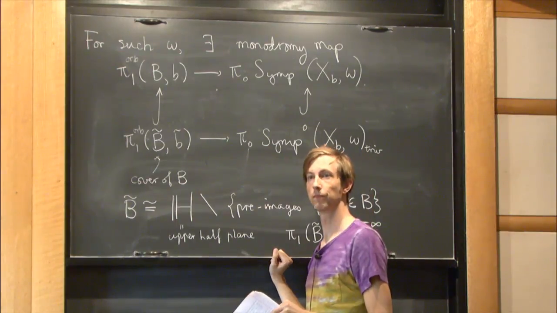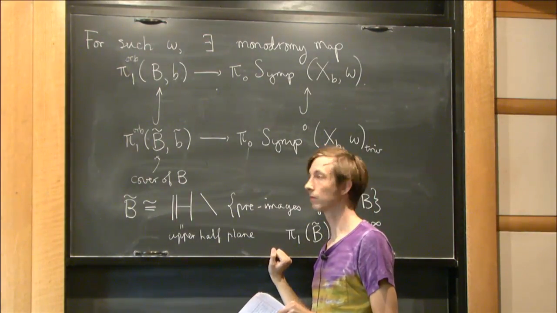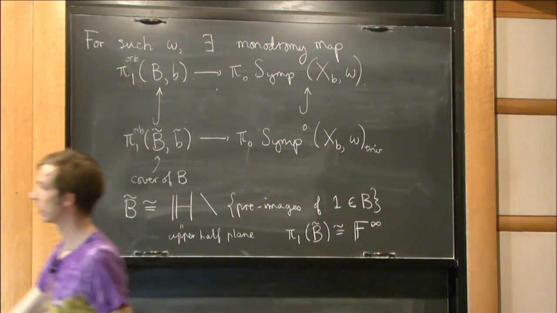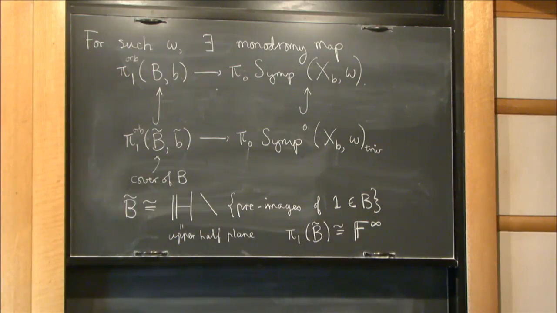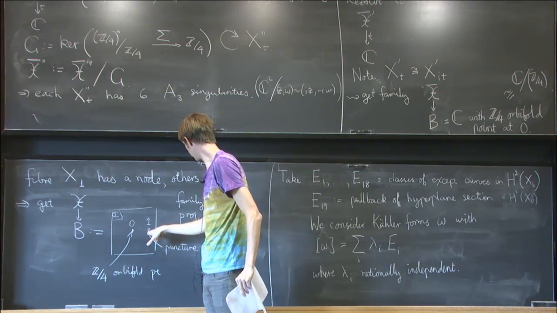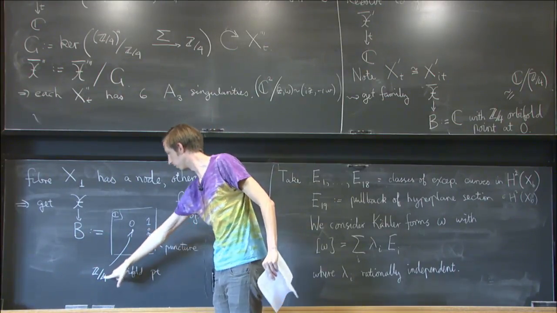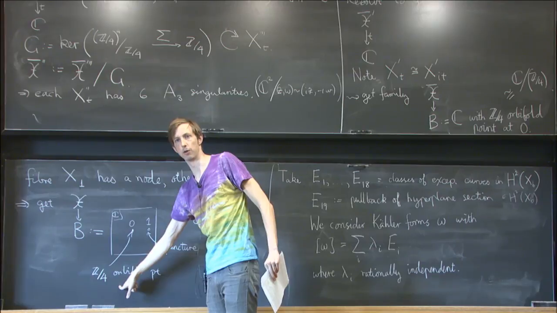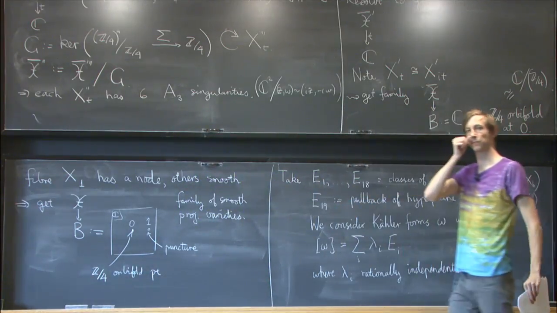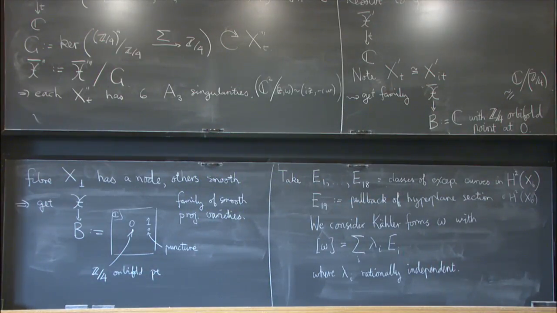Sorry, so what is the upper half plane? Is it covering, of what? C minus this, minus 1, and with a Z mod 4 orbifold point at 0. But then why do you have to take, if it's a covering of this minus 1, why do you have to take out the pre-images of 1? I mean, we took out 1 in there.